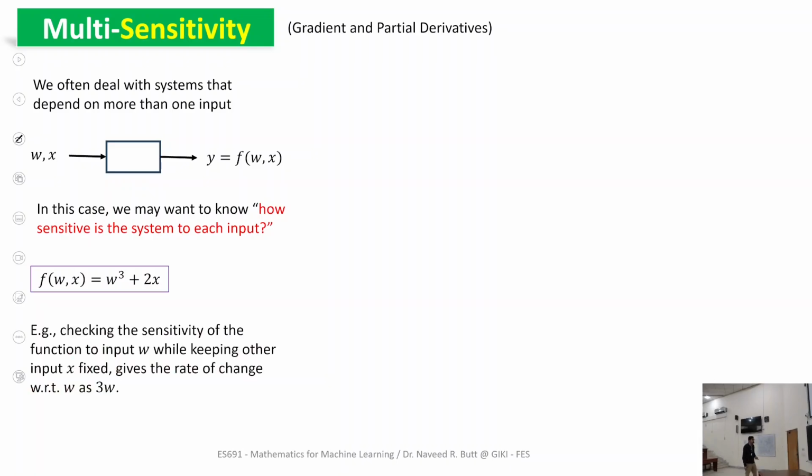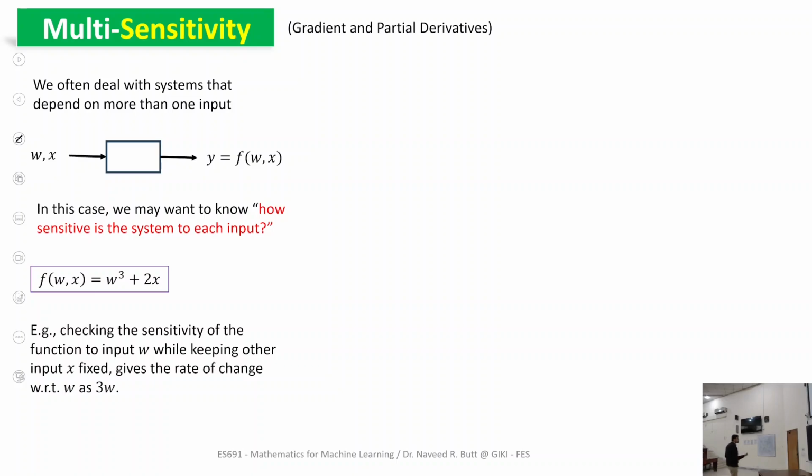So, of course, I could check the sensitivity of the function with respect to w while keeping the other one constant, because everything cannot be checked together, it's difficult, you will not know what happened. That is the age old way you troubleshoot things. So you minimize the variables, one variable at a time, right. So first you call friends to ask whether your electricity is on or not, right. So first you eliminate one variable, that it is everyone's problem, then nothing can be done, right.